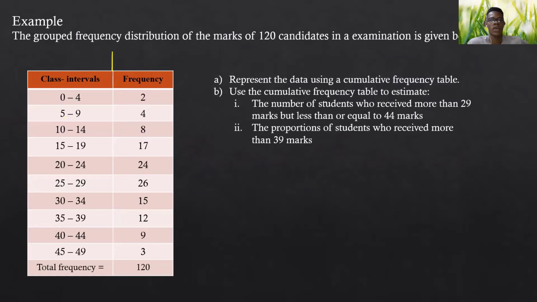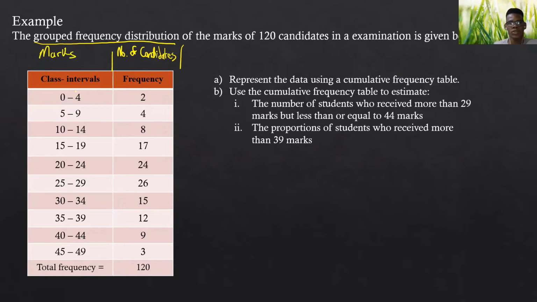Number of candidates. And if this is the frequency, the number of candidates, what would be over here? What are these class intervals representing? Like Brianna mentioned, they would be our marks.